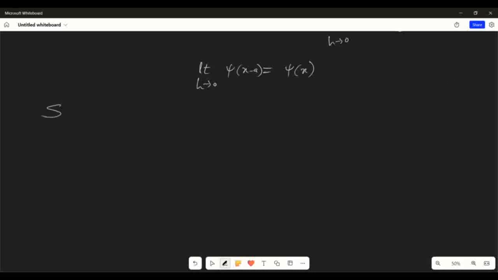Similarly, we can prove limit h tending to 0 of psi(x minus h) is equal to psi(x). So the function is continuous on either side of its value psi(x). The wave function psi(x) is continuous.